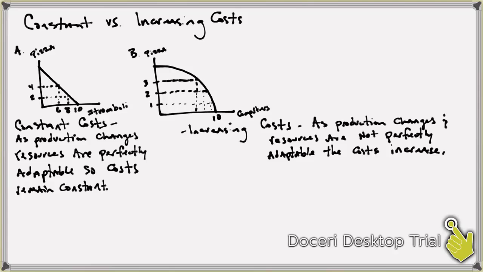That would be interesting. And vice versa. When we want computers, we can't use all of the pizza resources to make computers. So we have to give up more and more of the other good. So that's going to be an important concept for us to know about the way that the production possibility graph is drawn.